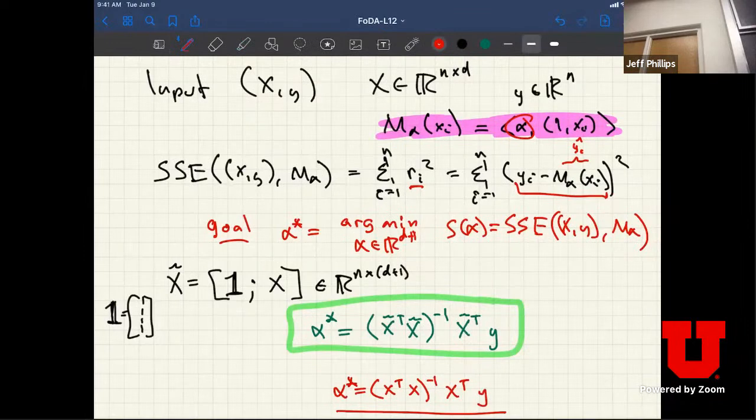It's not too complex of an expression. You should eventually just memorize how you solve for this optimal value.